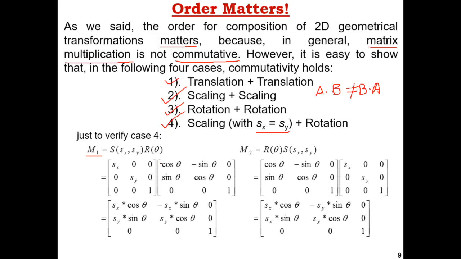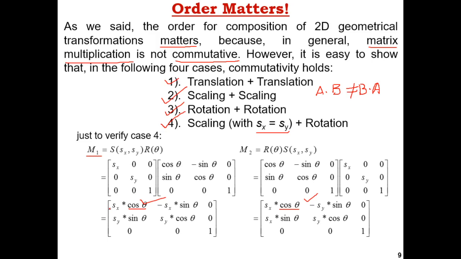When this combination is solved, we get these results. You can see here is one result and here is the second result. In both results, the cos theta and sin theta elements are the same, but some scaling factors are the same and some are not.